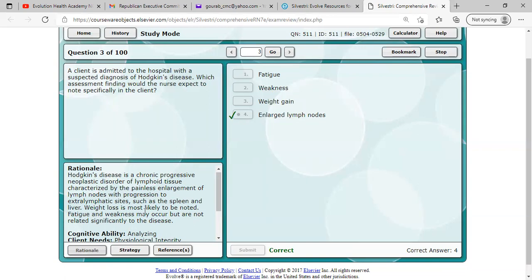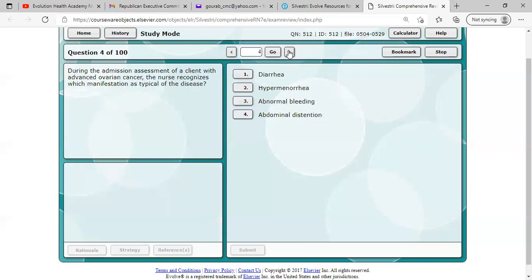Weight loss is most likely to be noted. Fatigue and weakness may occur but are not related significantly to the disease. Out of these four, enlarged or palpable lymph node is significantly related to Hodgkin lymphoma. Other common signs and symptoms: weight loss, night sweats, and fever.